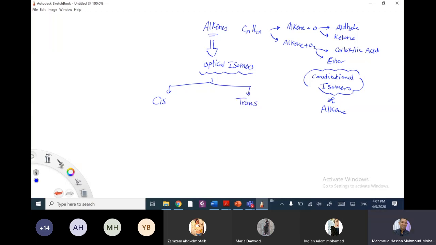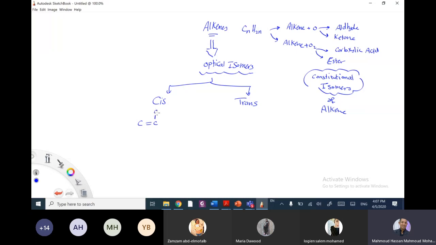Cis and trans represent the isomers that differ in the geometrical orientation in space. Like when we find this compound, C double bond C. For cis and trans, there must be at least one double bond.